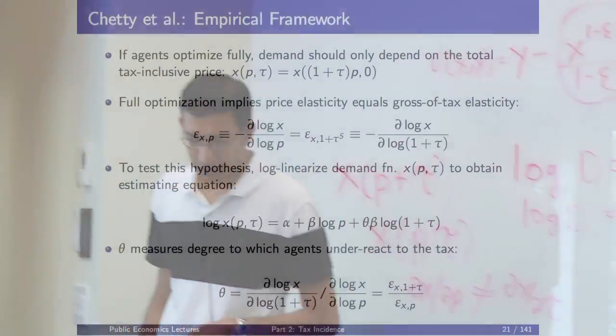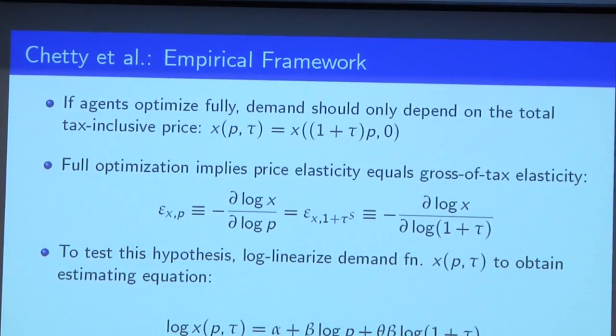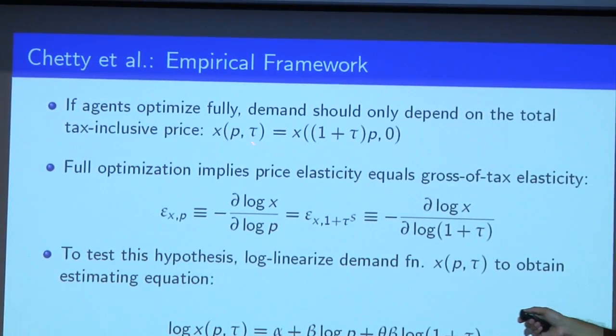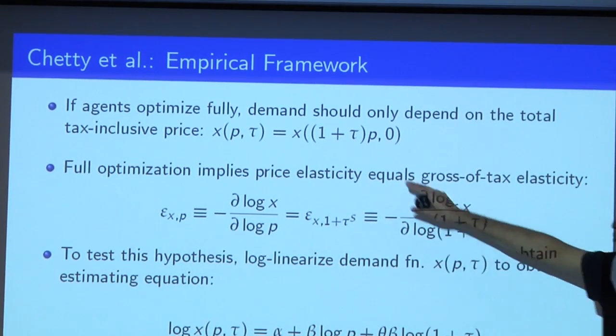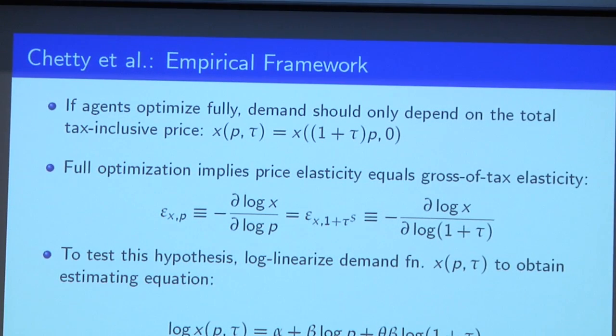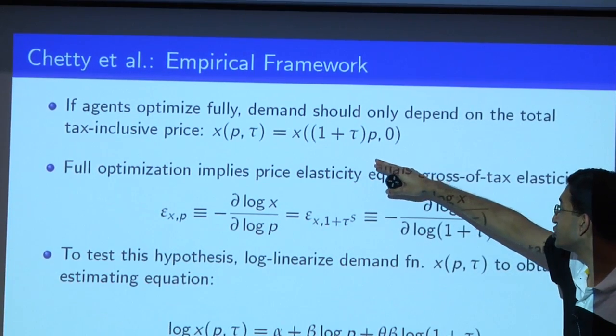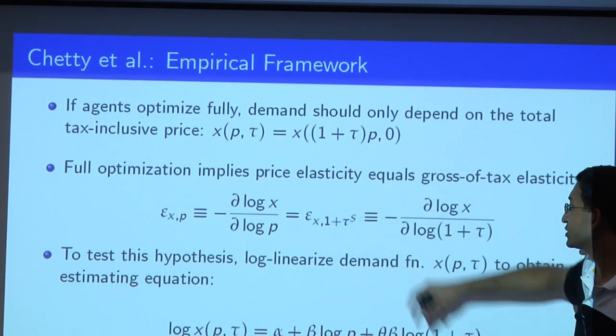So if agents optimize perfectly, then demand should depend only on the total tax-inclusive price of a good. What we should see in an optimizing model is X of P comma tau equals X of 1 plus tau P comma 0, right, with this notation. And a consequence of that is that full optimization implies that the price elasticity equals the gross-of-tax elasticity. So just think about differentiating these two expressions.